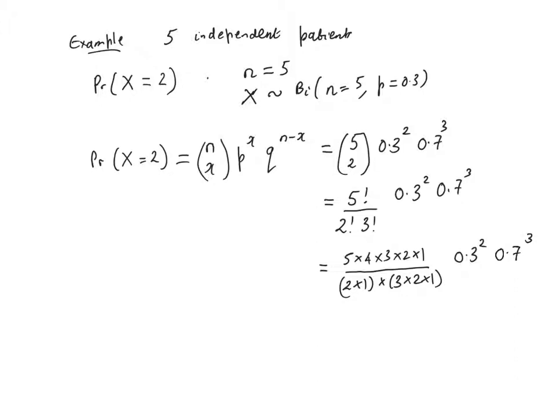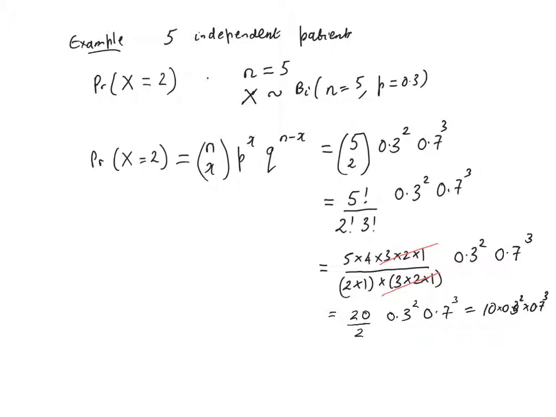We can then do some simplification. The 3 times 2 times 1 can be removed. So that's equal to 20 over 2 times 0.3 squared times 0.7 cubed, which is equal to 10 times 0.3 squared times 0.7 cubed.